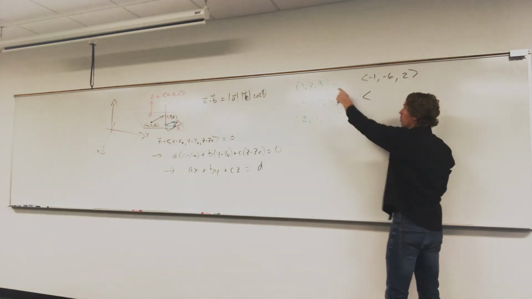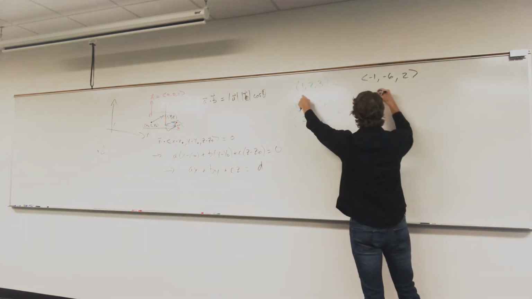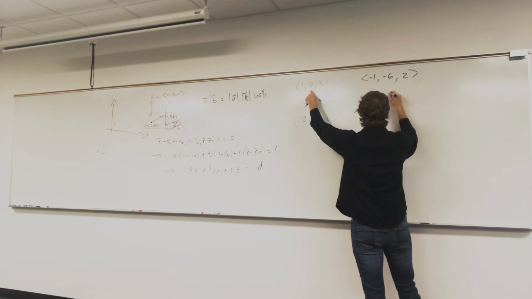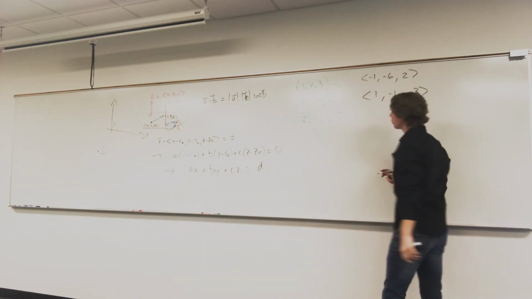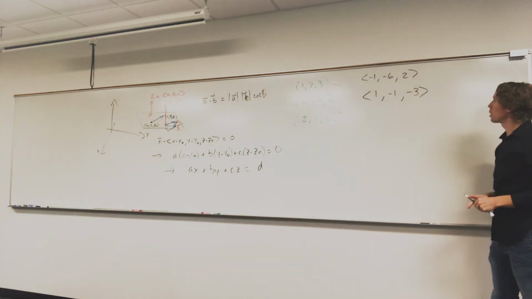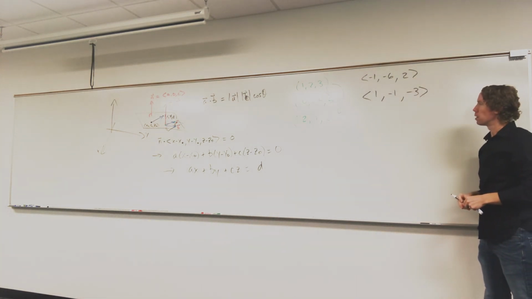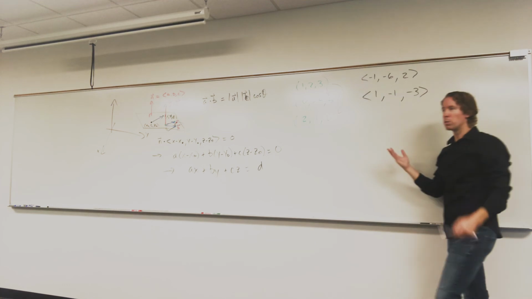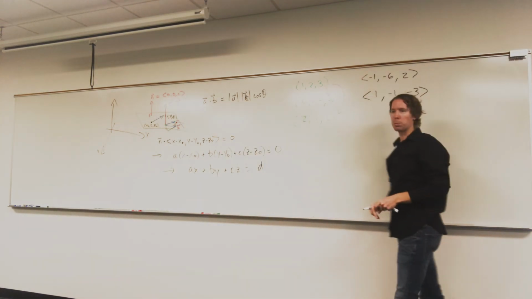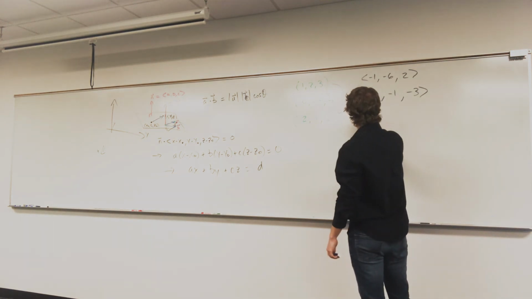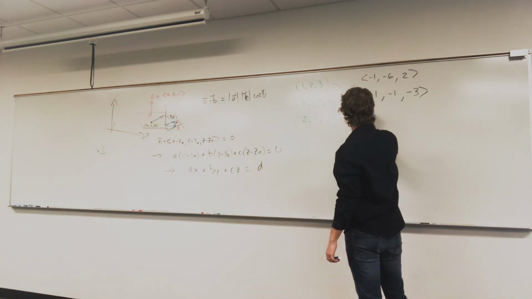And then going from here to here, I've got 2 minus 1, 1 minus 2, 0 minus 3. So these would be two vectors that sit in the plane, and now I just need to take their cross product.